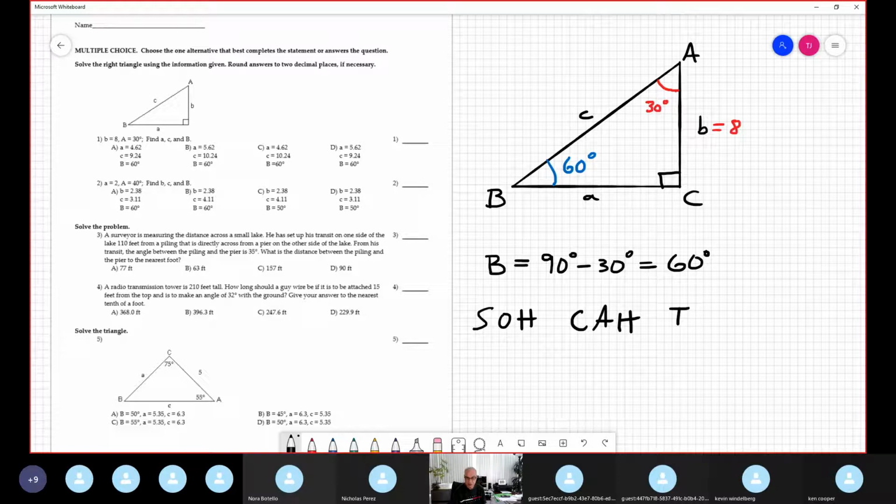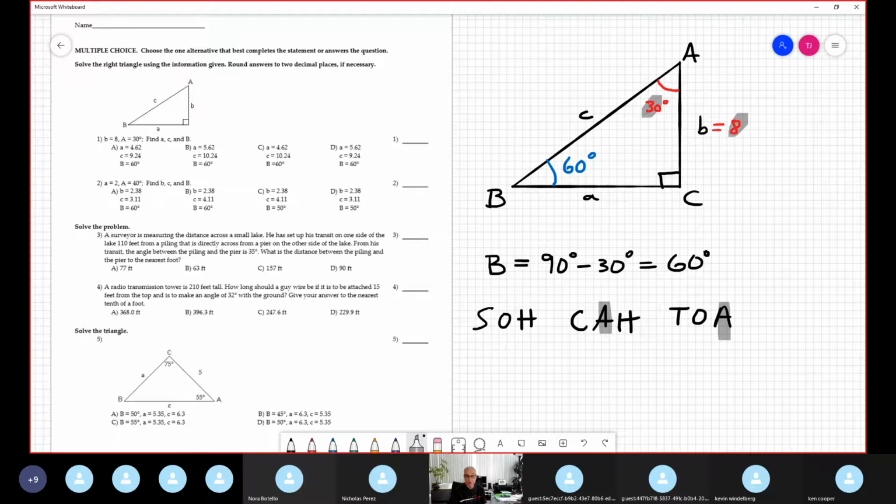And tangent is opposite over adjacent. The information I have at the beginning is this angle and this side. Wait, this is adjacent, sorry, mistake. With respect to this angle, 30, this side is adjacent.